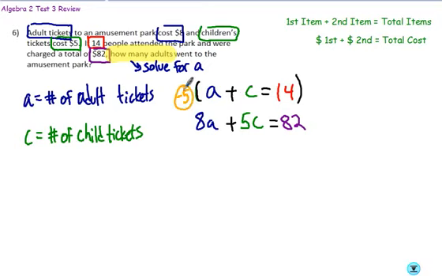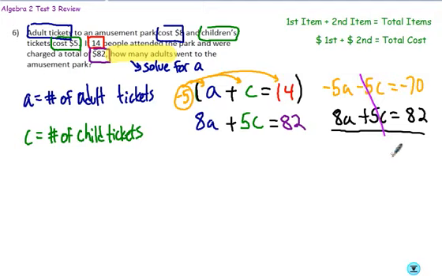And now what we see is that the C's will cancel each other out. So I can cancel the C's out, and then I'm just going to add up the two equations. So negative 5 plus 8 would give me 3A. 82 minus 70 would give me 12. So then I'm going to divide both sides by 3. So I get A is equal to 4. So that means that 4 adults went on the trip.